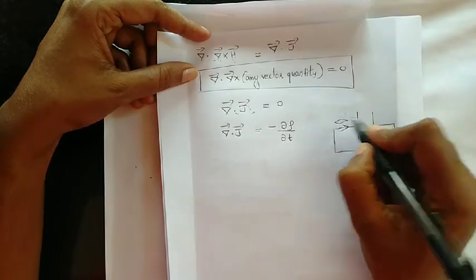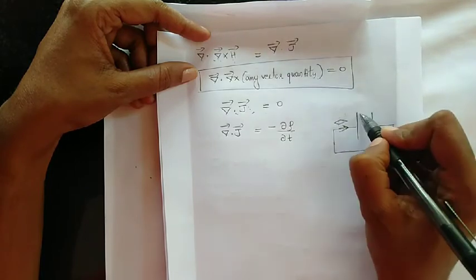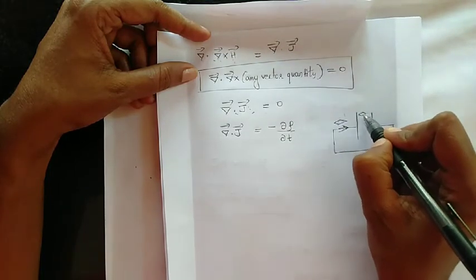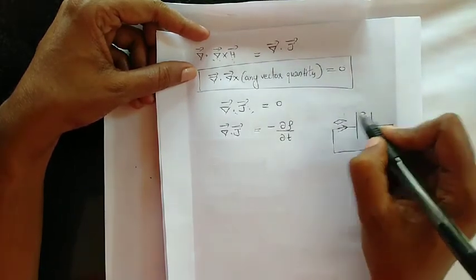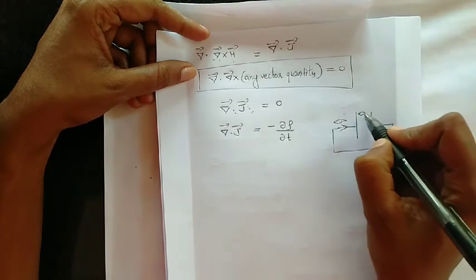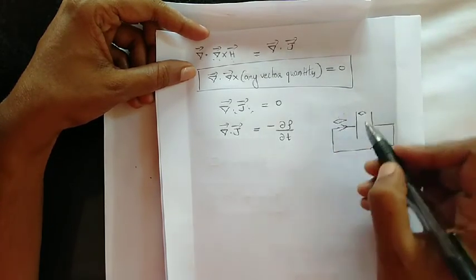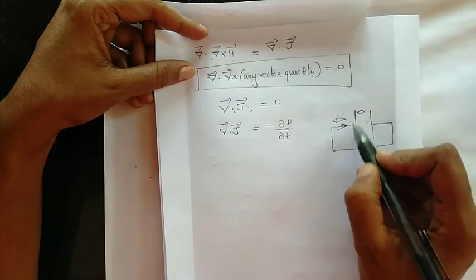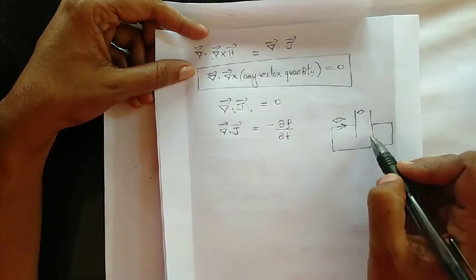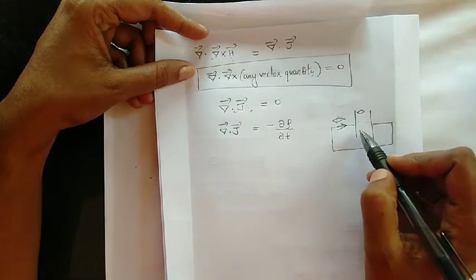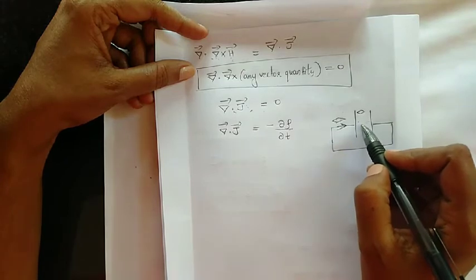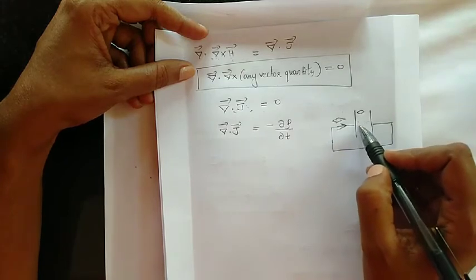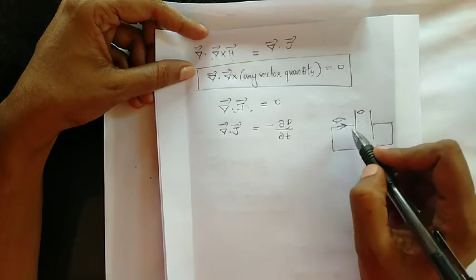Similarly, when he placed this needle in between the plates of a capacitor, he noticed the same effect. The needle is deflecting. But in between the capacitor plates, you know that there is no medium, isn't it? There are no particles, but still there is some magnetic field.